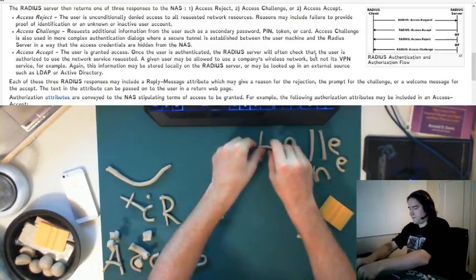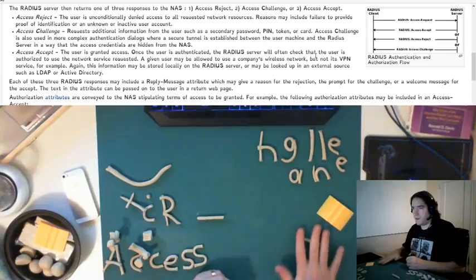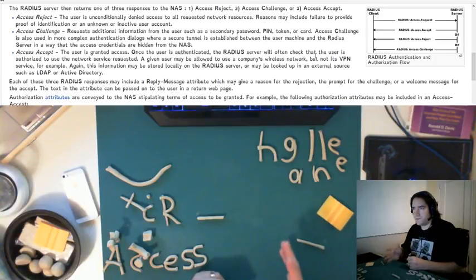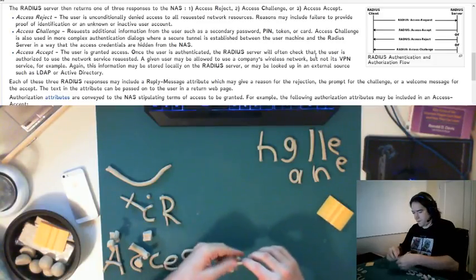Alright. H. I got an A. I got a LLENG. Now I just need a C. A capital C.